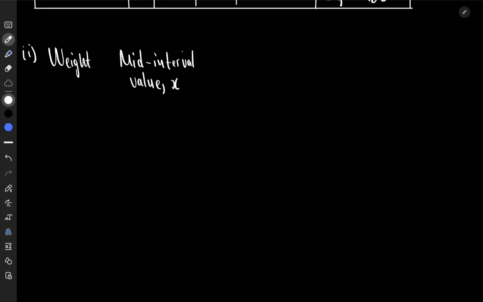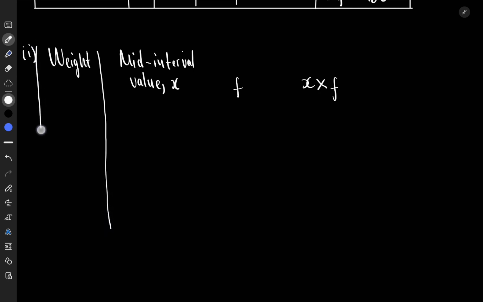Then the next thing we're going to put is frequency, which we just put as an f. If you want, you can write frequency, but we'll just say f, it's better. Then the last one would be xf, or you can say x times f. These are the 4 things which we need.